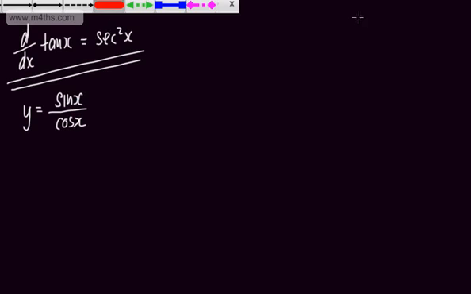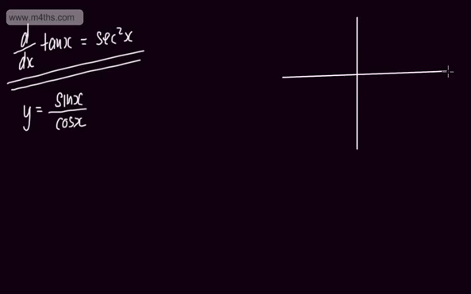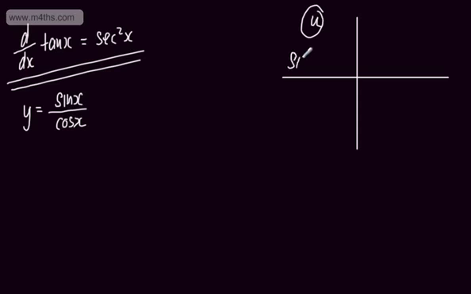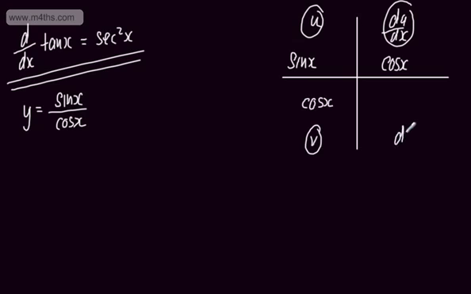So let's go ahead and use the quotient rule. We've got u over v. U and v are both functions of x. So we let u be equal to the sine of x, and we say that du dx, the derivative, will be cos x. If we now take v as cos x, the derivative with respect to x, dv by dx, is going to be minus sine x.